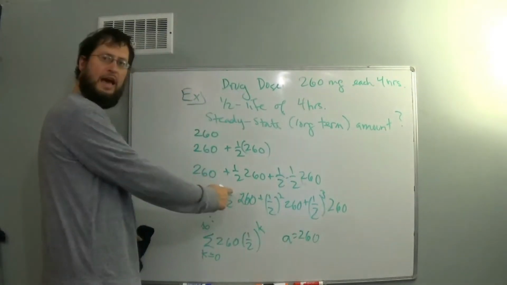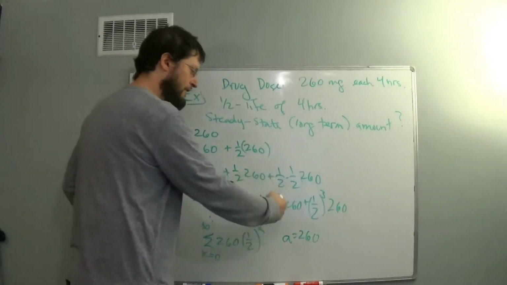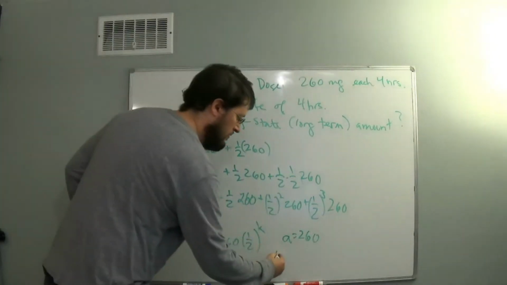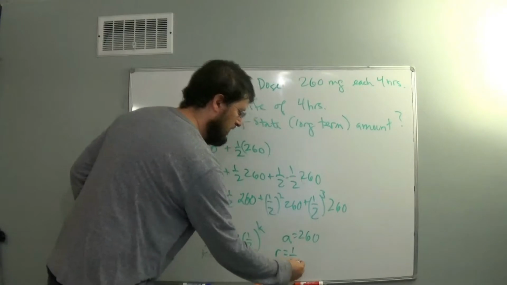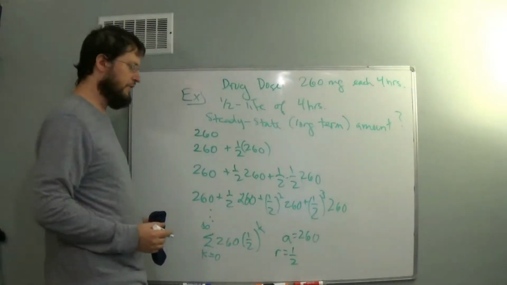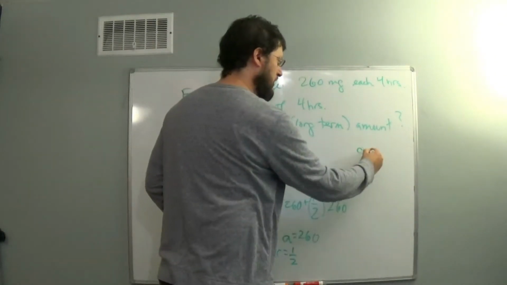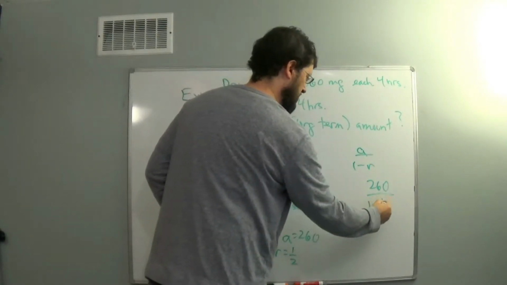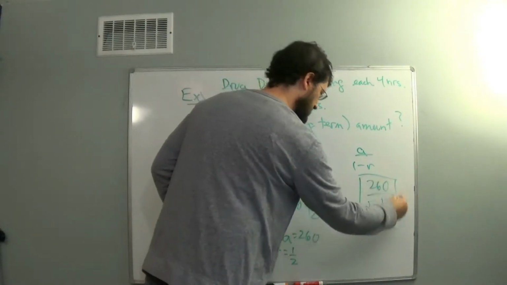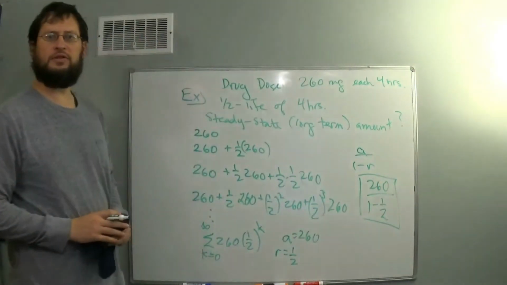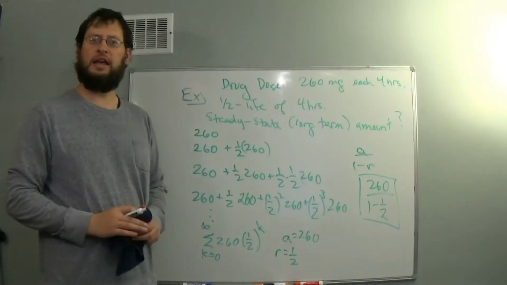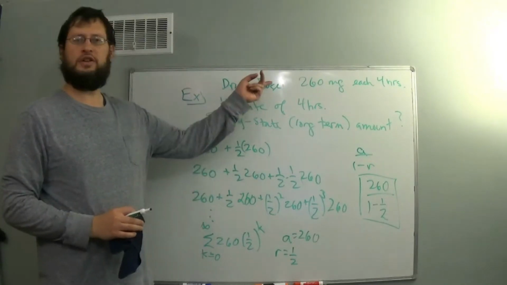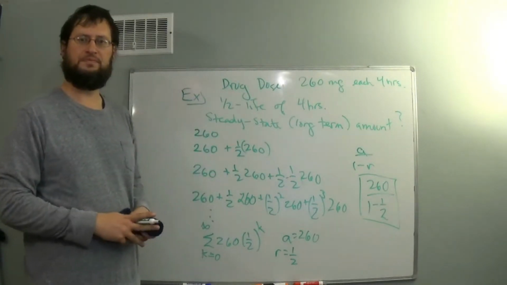R is the 1/2, because I multiply by 1/2 each time I go to the next term. So the final value of the series will be A over 1 minus R, which is 260 over 1 minus 1/2. And that's the amount of the drug that will be in the body after taking this dosage long term.